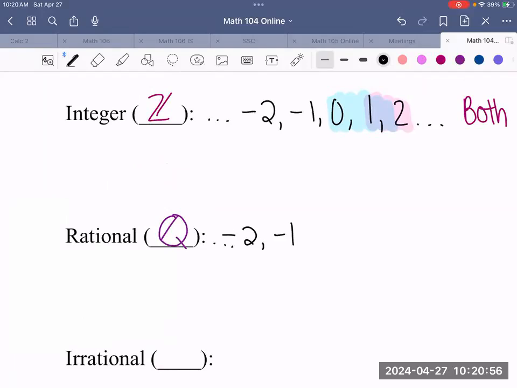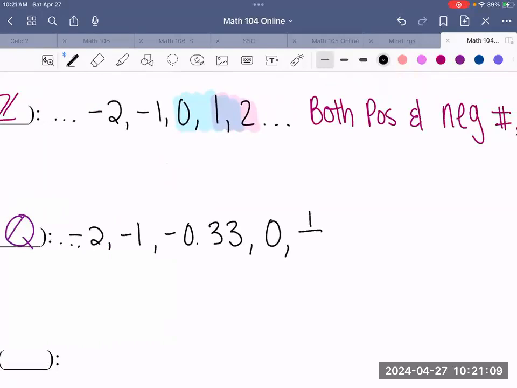So this continues down towards negative infinity. We also can include a decimal. So -0.33. It still includes 0. We have fractions like 1/2. We still have natural numbers, and we also have something like that. The square root of 4. Now, what is the square root of 4? Which is 2.